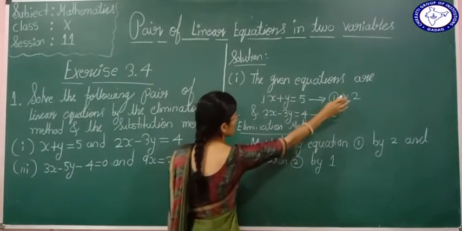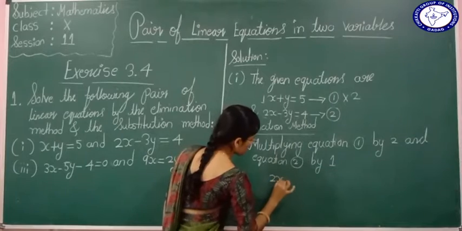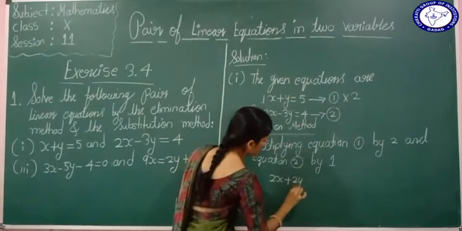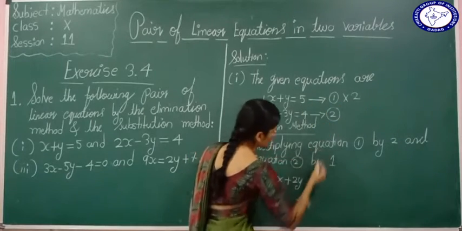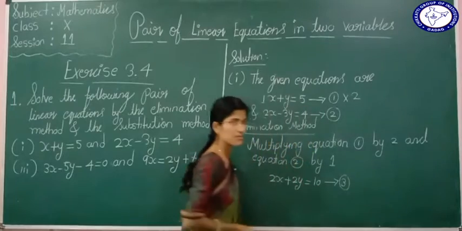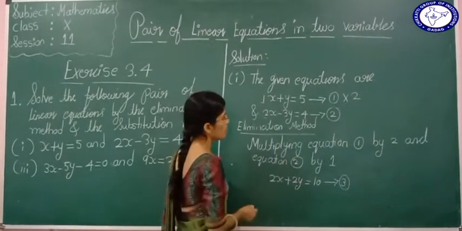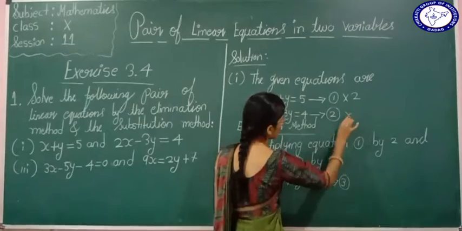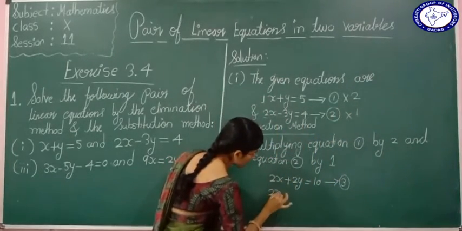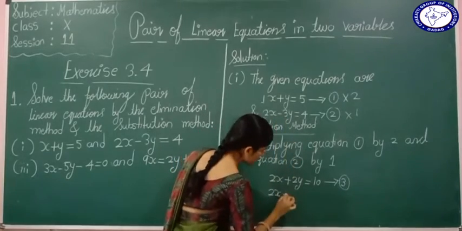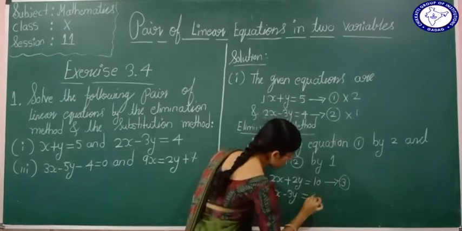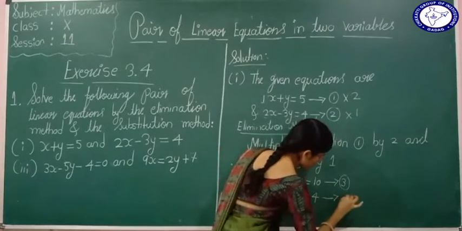What will it become? 2x plus 2y is equal to 10, 2 fives are 10. So this is equation number 3. Now multiply equation 2 by 1. That will become 2x minus 3y is equal to 4. Call this equation number 4.